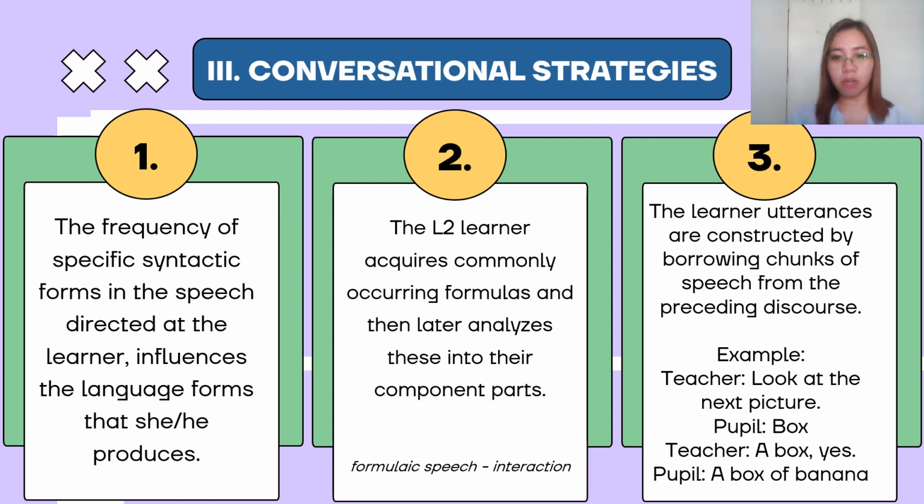Pupil says, box. A box, yes. And the pupil added, a box of bananas. So the learner is helped to construct sentences vertically. The last utterance of the pupil in this exchange was constructed vertically, by borrowing a chunk of the preceding discourse, a box, and adding to it the word bananas.